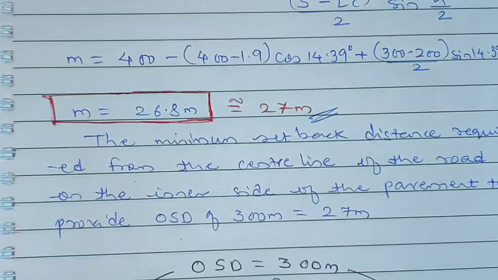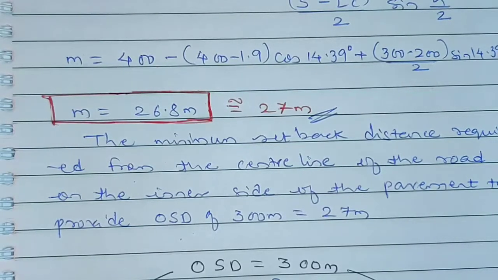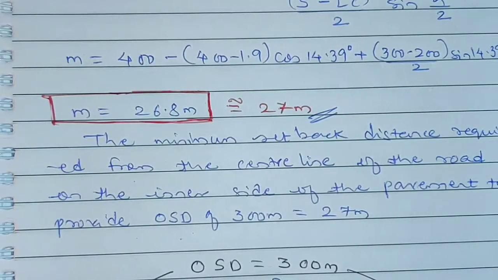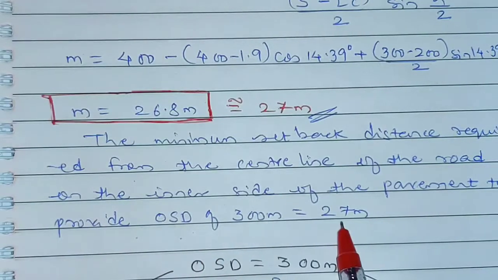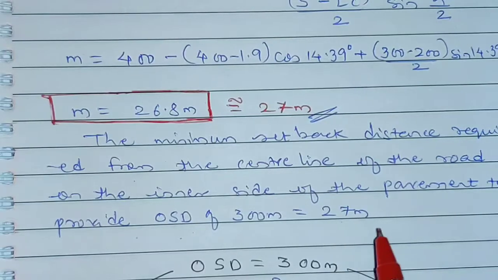So the value of setback distance m, we get as 26.8 meters, approximately 27 meters. So the minimum setback distance required from the center line of the road on the inner side of the pavement to provide the overtaking sight distance of 300 meters is 27 meters.